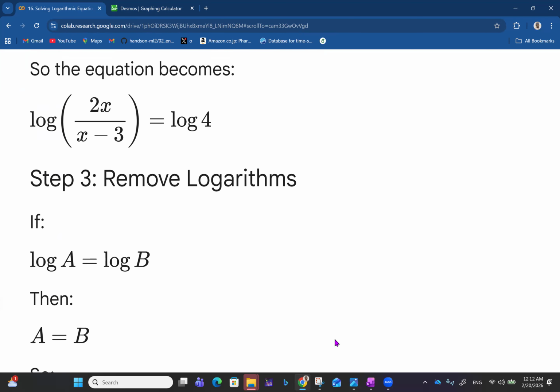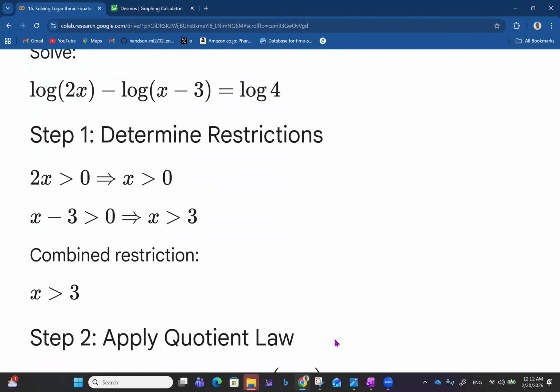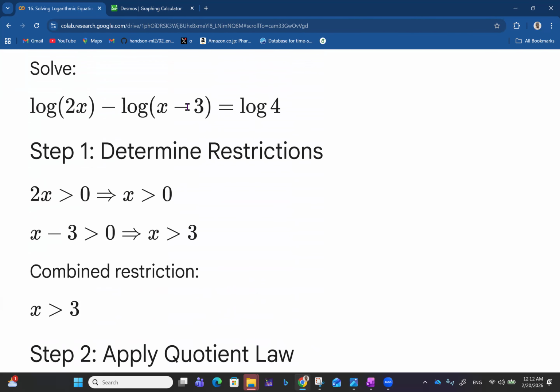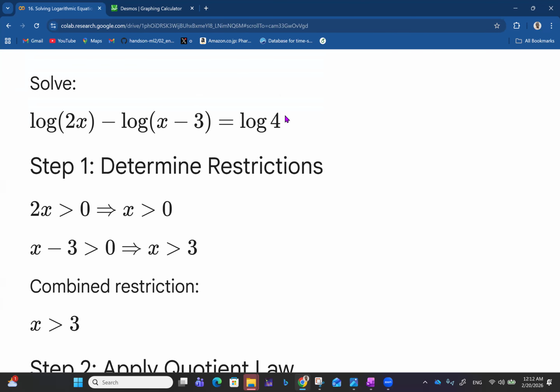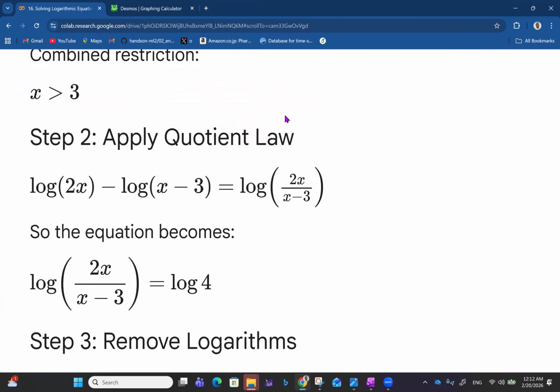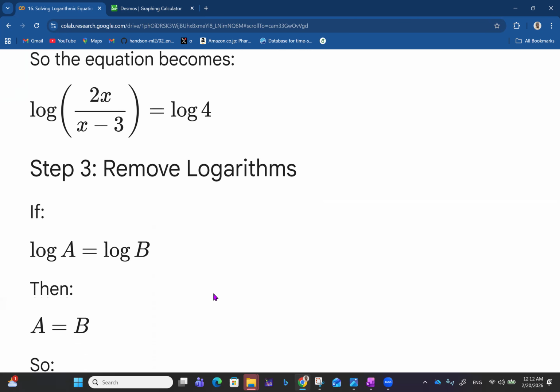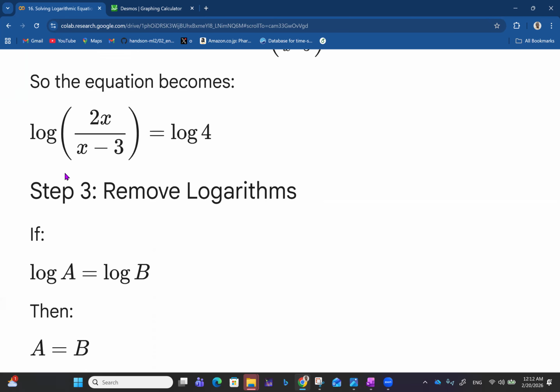So this whole thing is log(2x/(x − 3)), and that is equal to log 4. So you have log(2x/(x − 3)) = log 4. That simply means we can compare the two. So you can then remove the logarithms because now log a is equal to log b, same base.